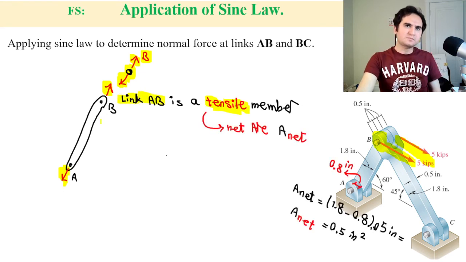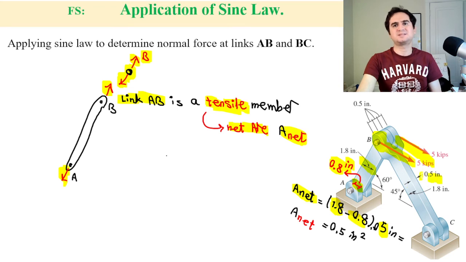Then, as soon as we know that link AB is under tension, we need to go by net area, or A net. The net cross-sectional area is the width of link AB, minus the diameter of the pin which is provided in the problem statement, times the thickness of the steel. If you calculate the net cross-sectional area, it's 0.5 inches squared.